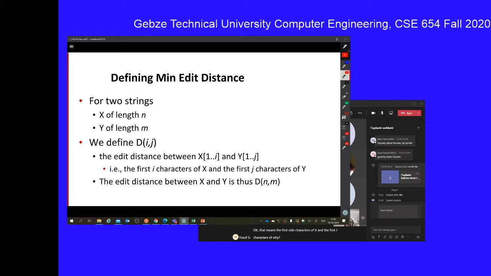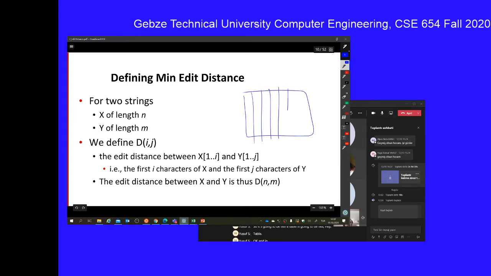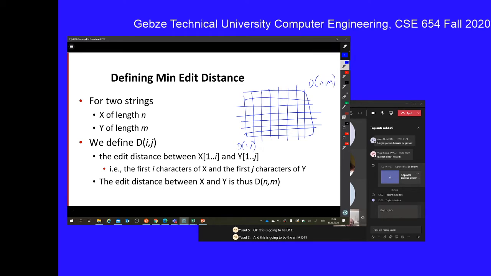That means the first i characters of x and the first j characters of y. So it's going to be like a table. In this table, this is going to be D[1][1] and this is going to be D[n][m]. D[1][1] will give us the cost of the minimum edit distance between the first characters of the given strings.